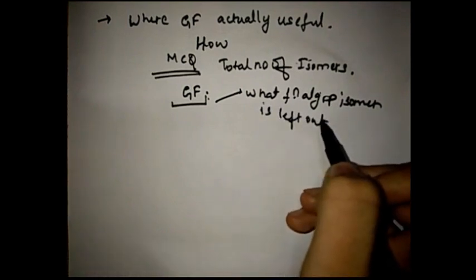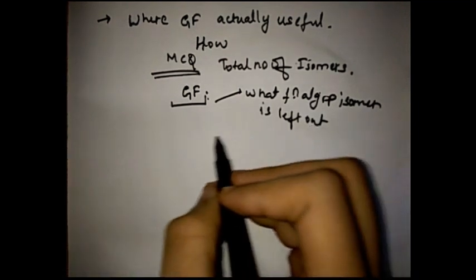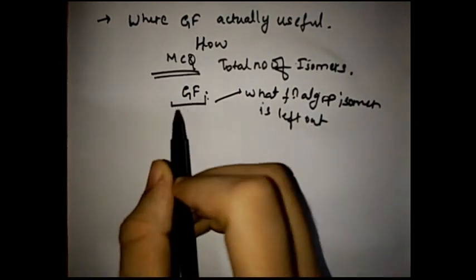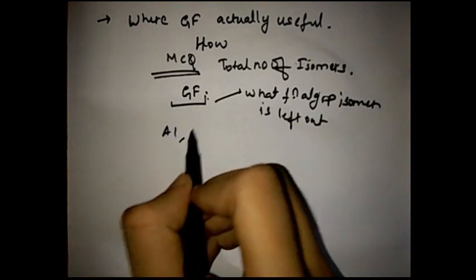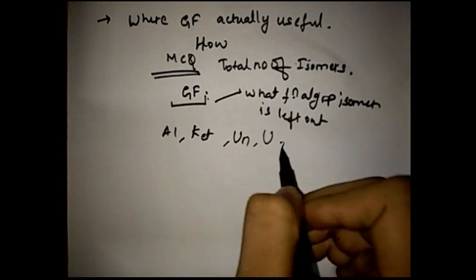Like in the second group, as we saw, there were many subgroups, like aldehydes, ketones, unsaturated ethers, unsaturated alcohols.